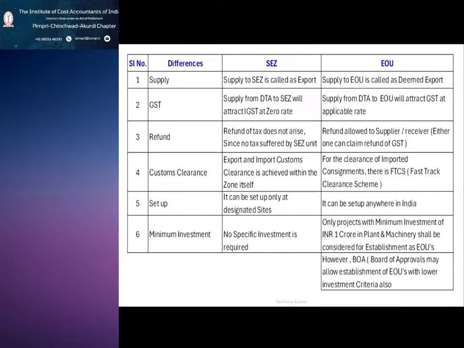This we will study in detail in the chapters. This is just for the background of what we will be studying in the export promotion schemes.